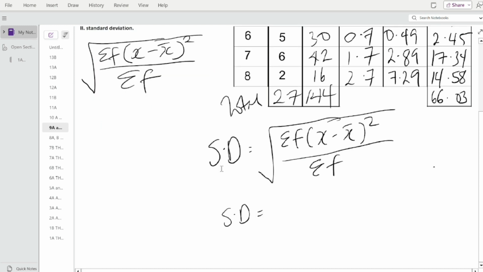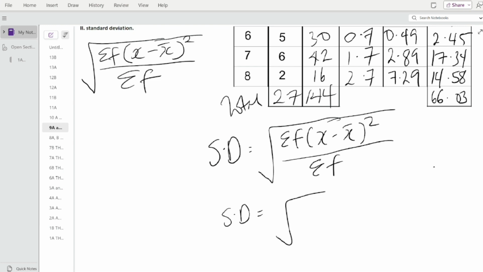66.03. As said earlier in the video, we know the formula for standard deviation is square root of summation of frequency times x minus x bar all squared over summation of the frequency. And we've calculated our summation for the frequency times x minus mean all squared, which is 66.03.